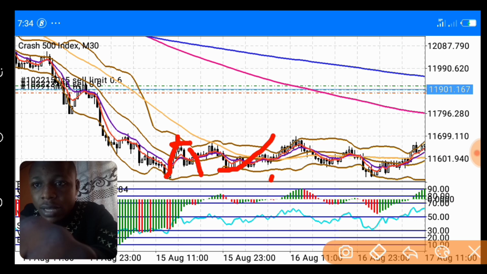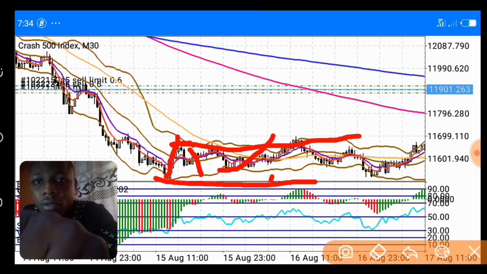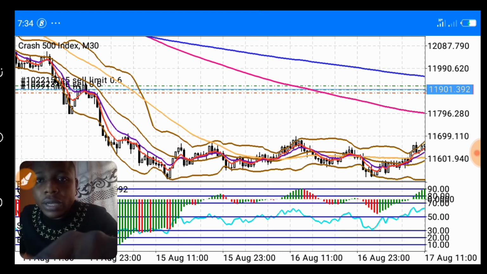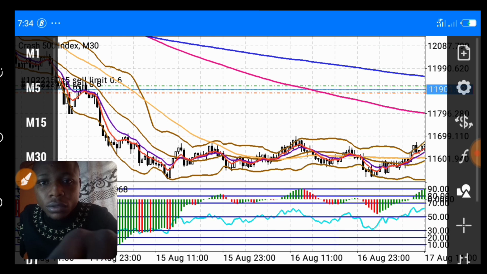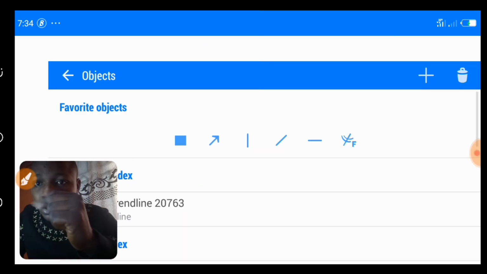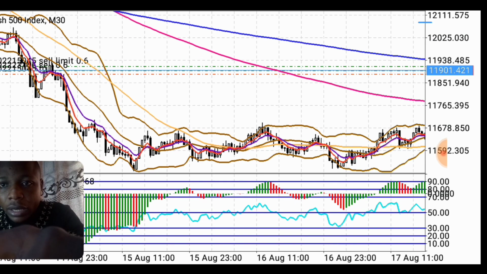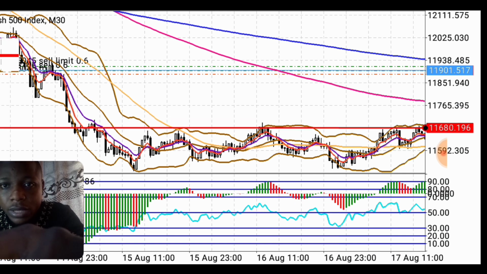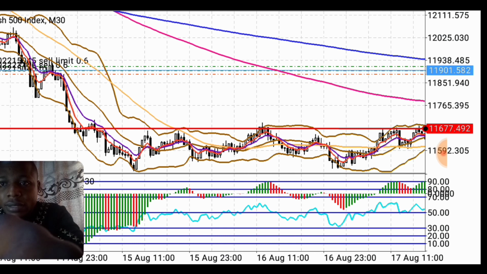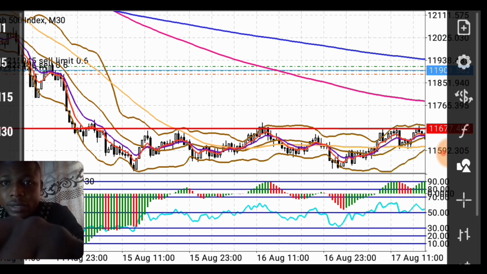So if it starts respecting the previous support or resistance, just know that that's a swinging market. The first thing to do is draw your higher high and lower low. This is the higher high. What do I mean by higher high? The highest resistance.